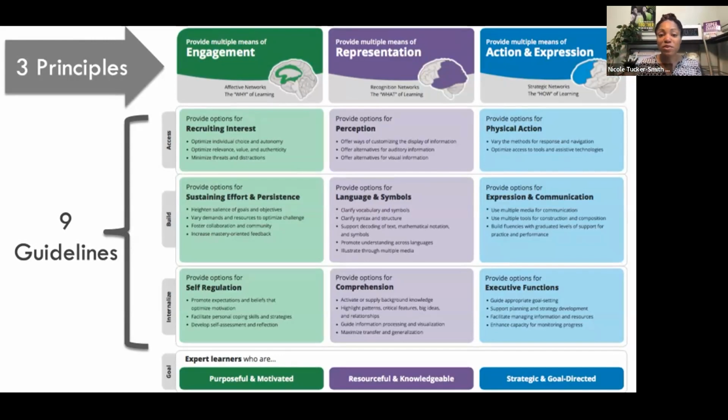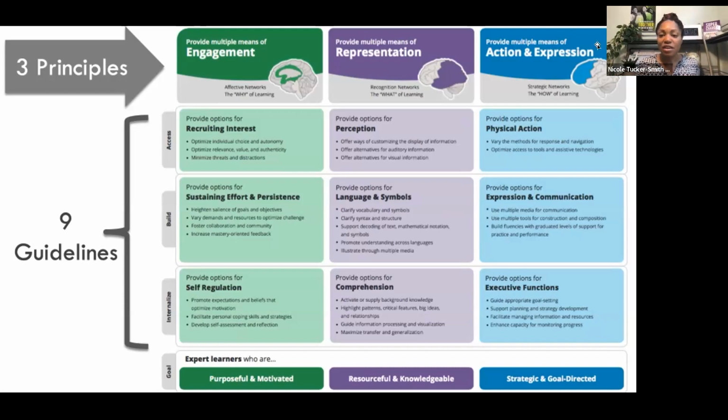The second principle here is about providing multiple means of representation. That is how we represent the information, and then students are able to take that information in and turn it into meaning. We need to present information in multiple ways so students are able to make sense out of it.